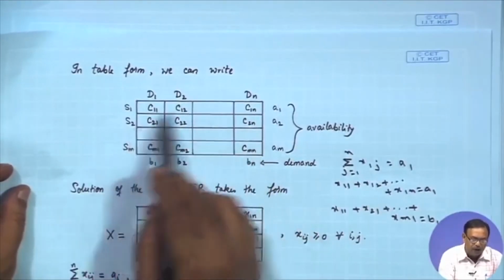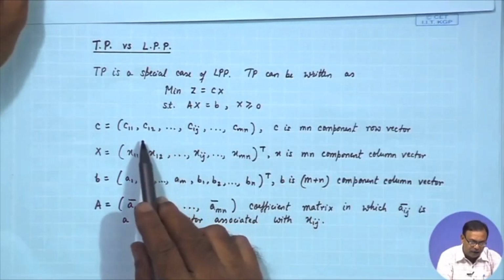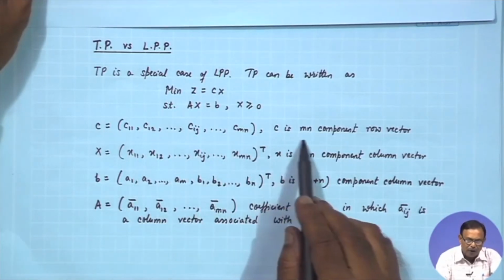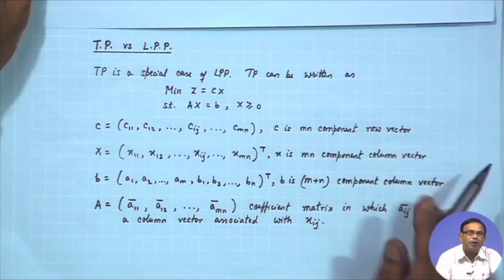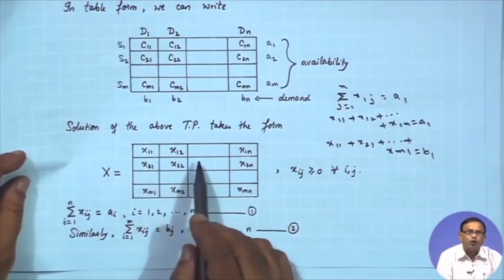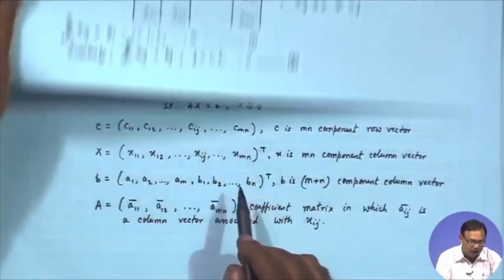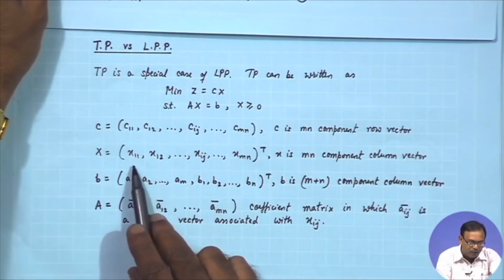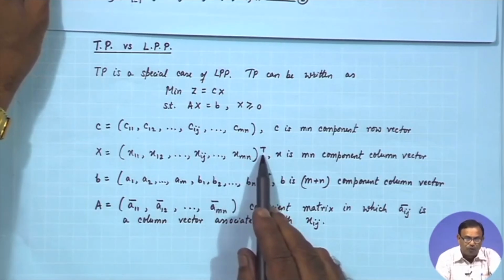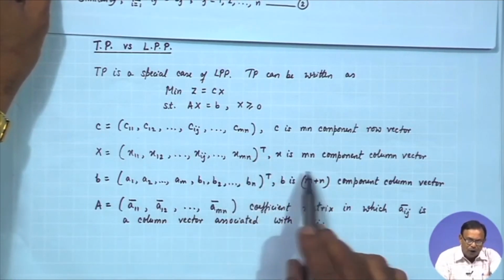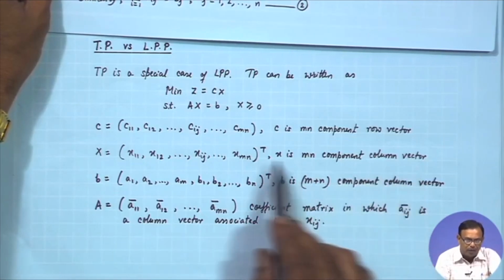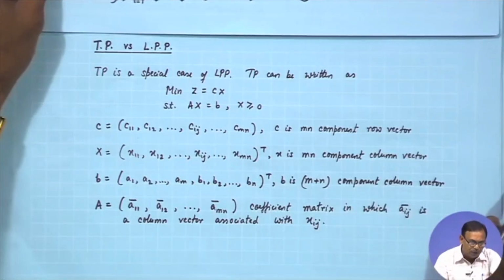I am writing it in this form: C11, C12, Cij, up to Cmn, where c is an mn component row vector. What is your x? X is this matrix basically, x11, x12, x1n, like this, and I am writing it in the same way, x11, x12, xij, xmn, transpose. Here the transpose will come. So x is also an mn component column vector. Since it is a column vector, you have taken the transpose.